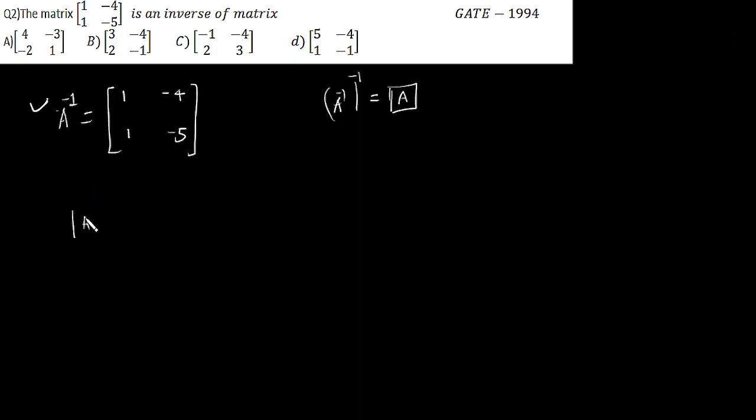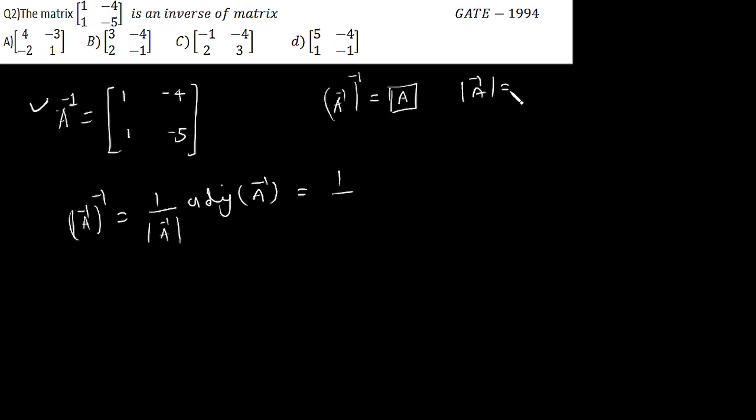We have to find the inverse of this inverse. The formula we have to use is the determinant of the inverse, which is given in the question, multiplied by the adjoint of this inverse. So let's first find the determinant here.